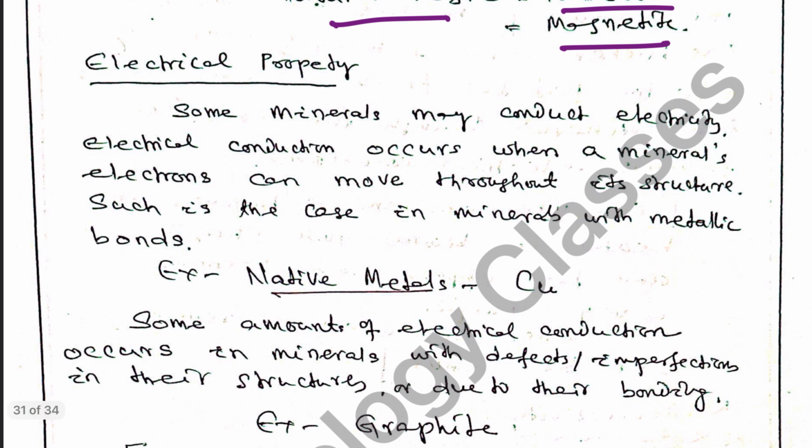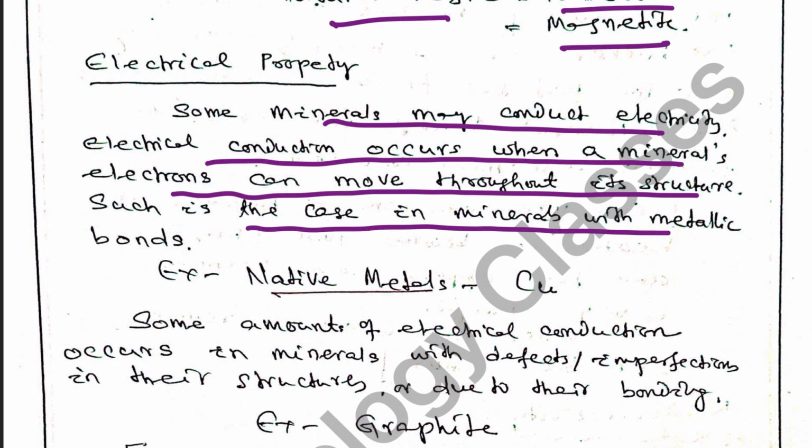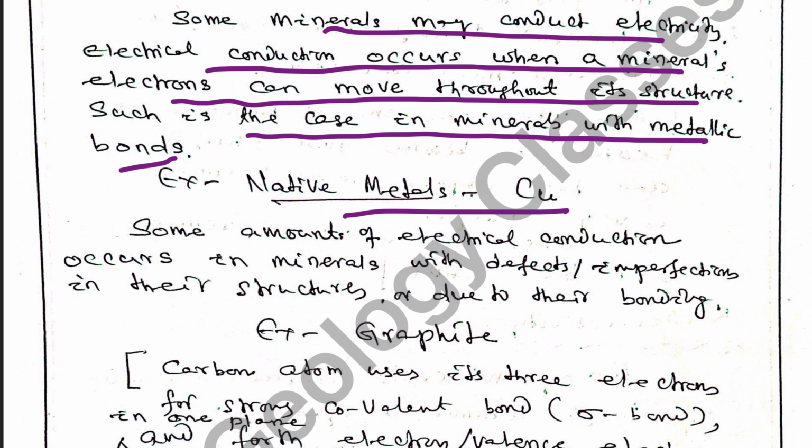Then let us discuss the electrical property of minerals. Some minerals may conduct electricity through them. Electrical conduction occurs when the mineral's electrons can move throughout the structure, as is the case with minerals with metallic bonds. In metals the electrons can flow, such as in copper.